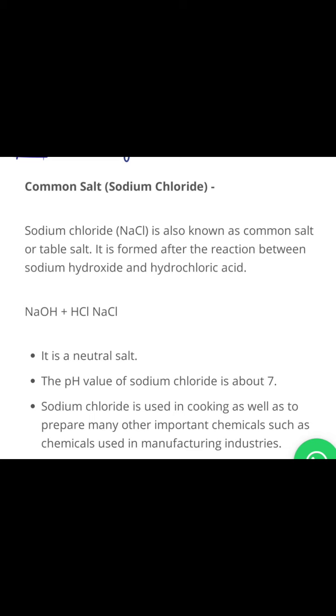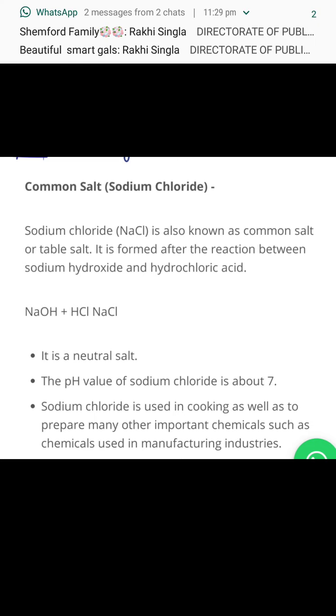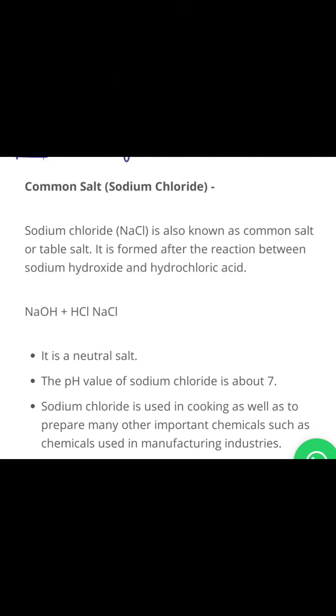It is also known as table salt, as I have just told you, because we are using it in our food, in our kitchen, and it is formed by the reaction between sodium hydroxide and hydrochloric acid. Both are a strong acid and a strong base. Therefore, the salt will be neutral. The pH value will be 7.